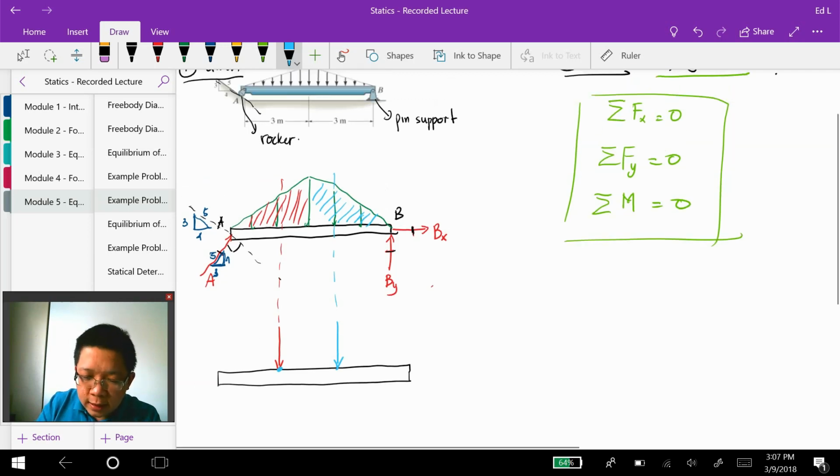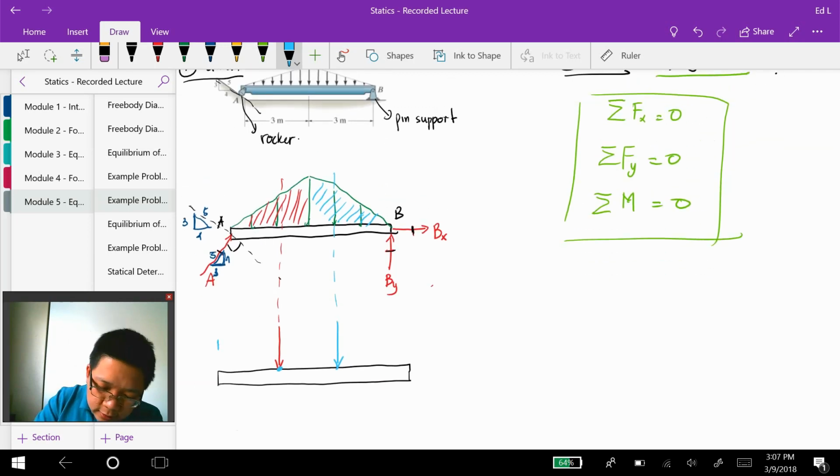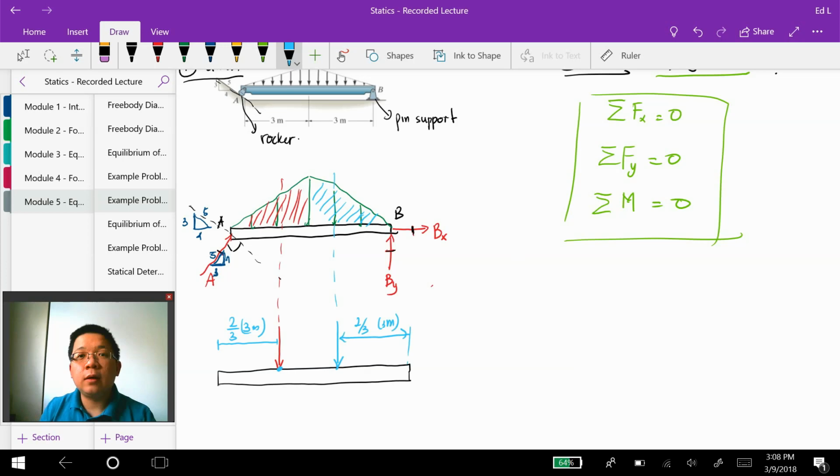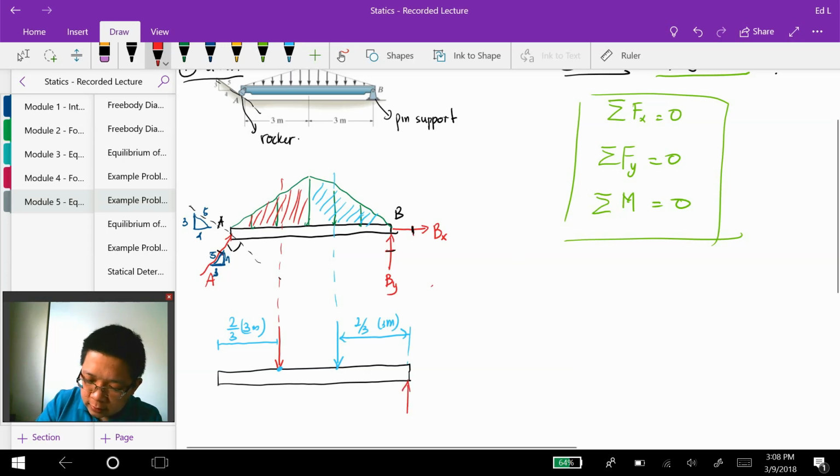The distance here is 2/3 times 3 meter, and the distance here is 2/3 times 3 meter. So this is one possibility.